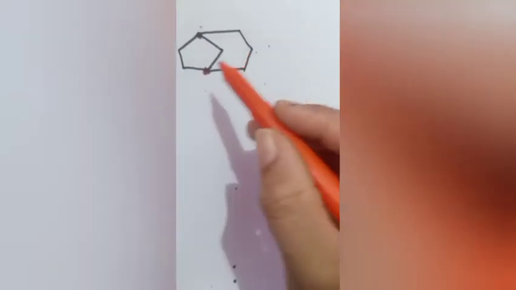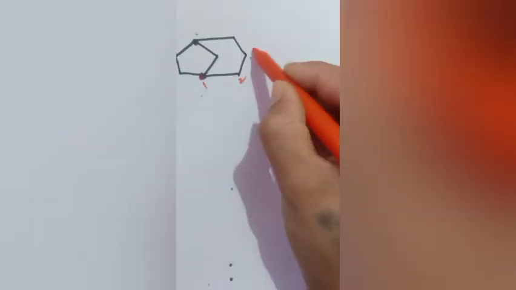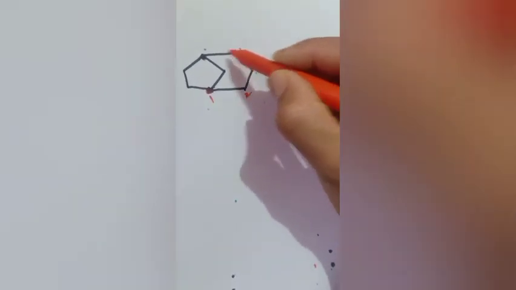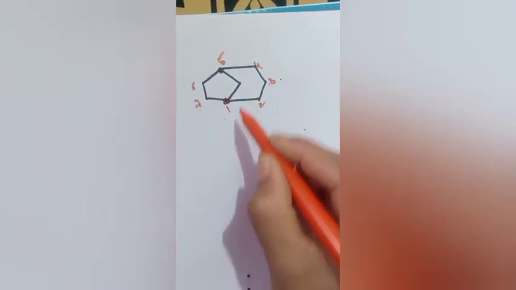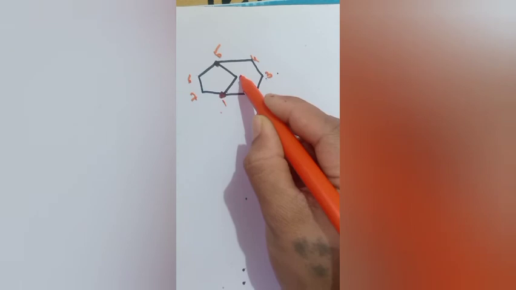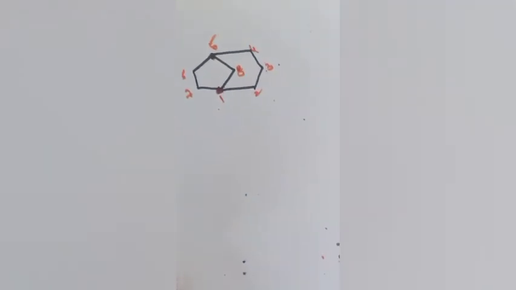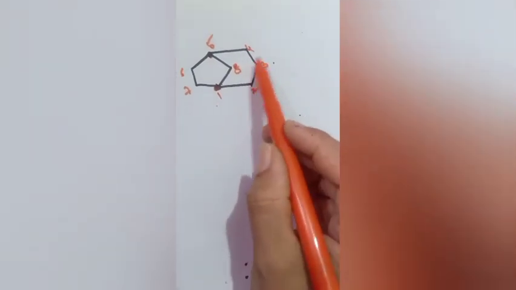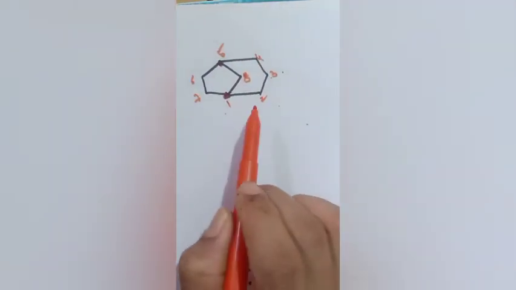So we have to give numbering from this side: 1, 2, 3, 4, 5, 6, 7, and here there is 1 bridge carbon atom, that is 8. So there are 8 carbon atoms, and this is unsymmetrical.